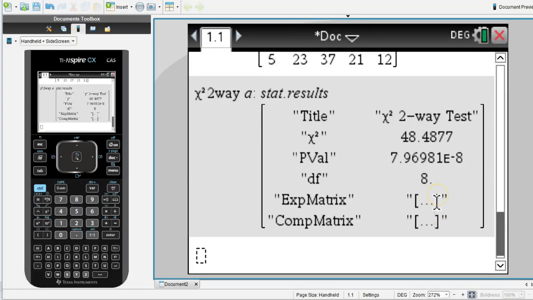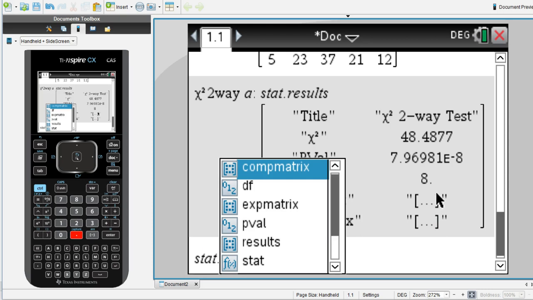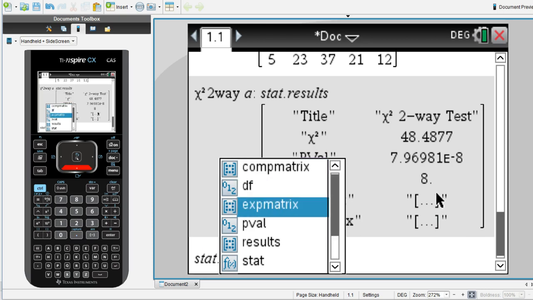They put it right here for us. That is not helpful. How do I get to it? Stat.results. So stat, down here, stat dot, what do we want? The expected matrix.